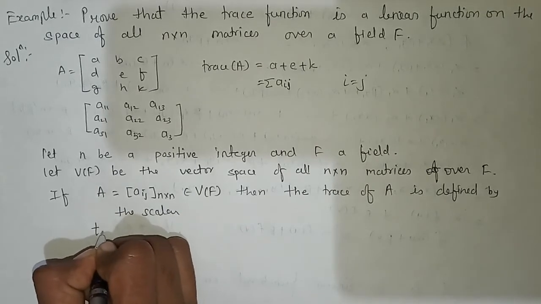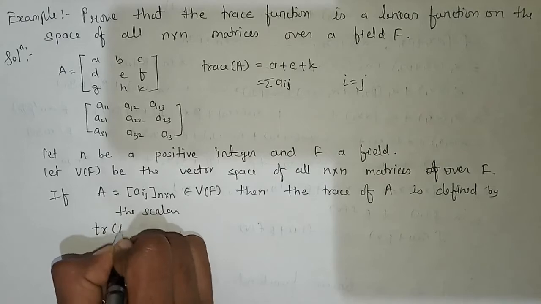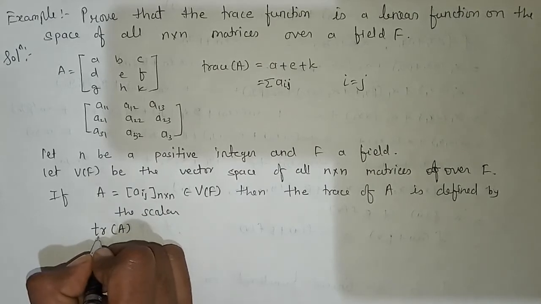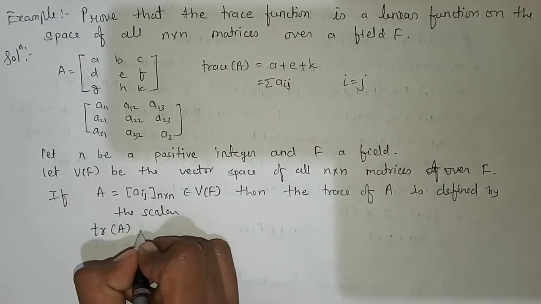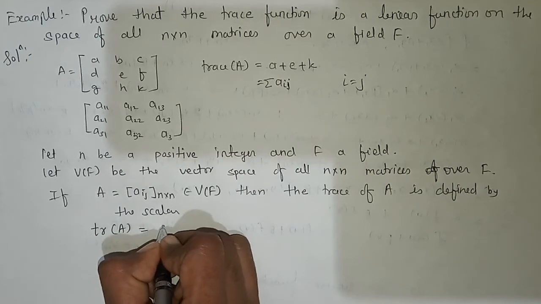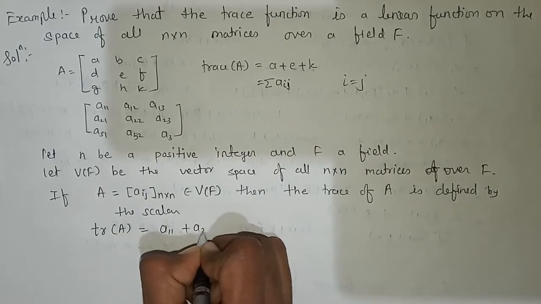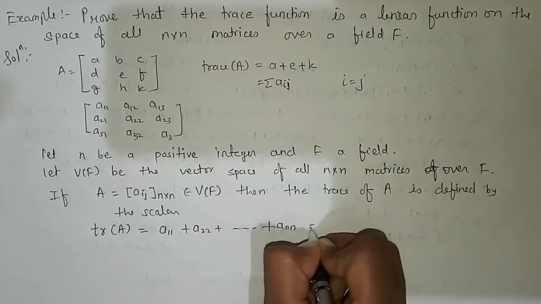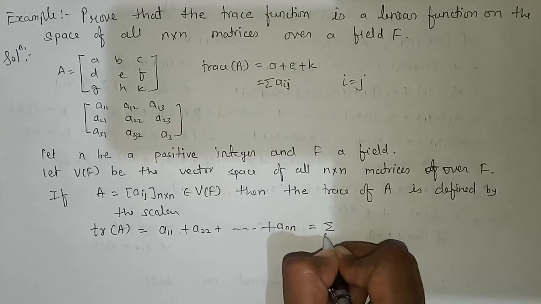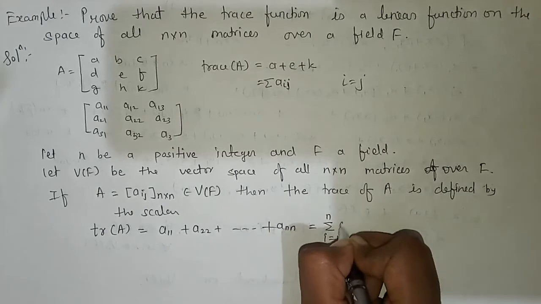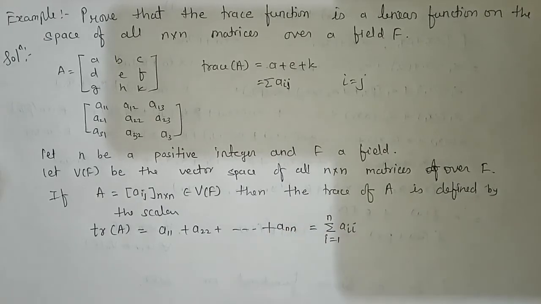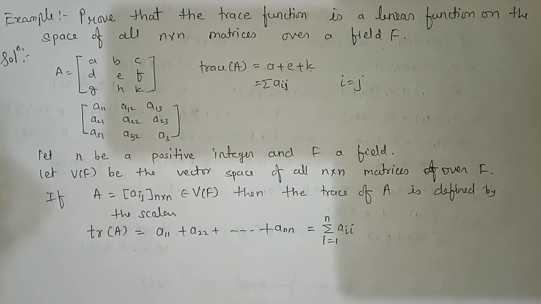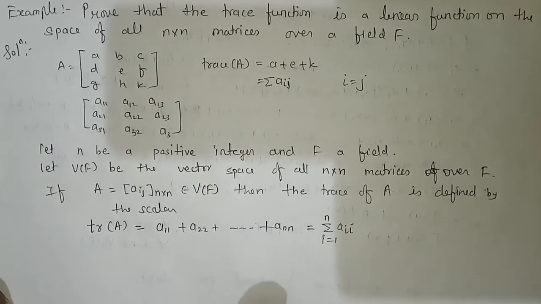We are denoting trace as Tr(A), the shortcut to write trace. Trace of A is nothing but A11 plus A22 plus up to Ann. So trace is the sum over i equal to 1 to n of Aii, when i and j are equal, that is when we are adding all the diagonal values.